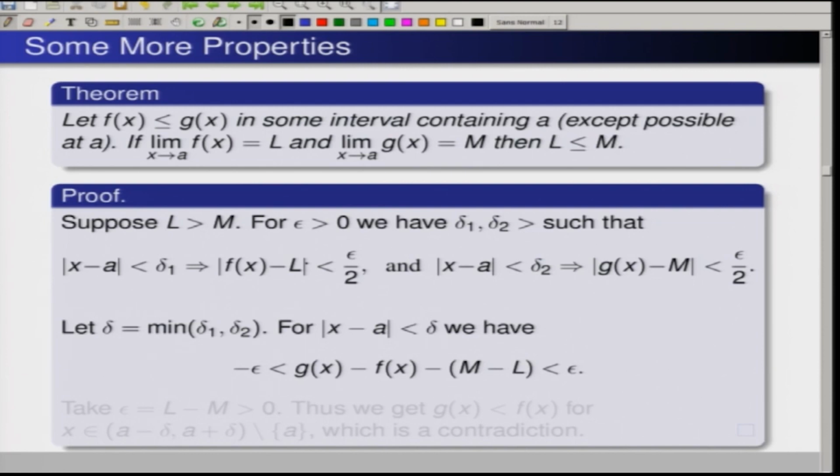Therefore, f of x minus L is less than epsilon by 2 and greater than minus epsilon by 2. g of x minus m is less than epsilon by 2 and greater than minus epsilon by 2.